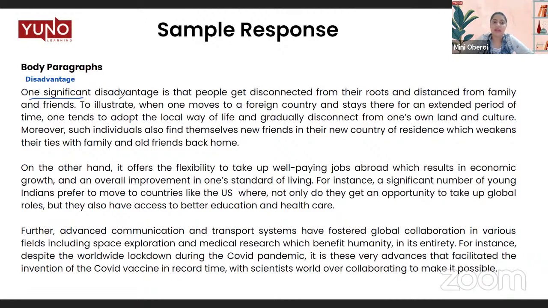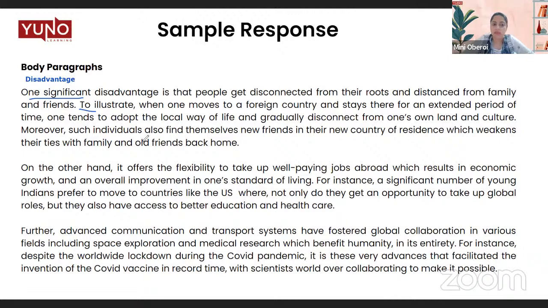One significant disadvantage is that people get disconnected from their roots and distanced from family and friends. To illustrate, when one moves to a foreign country and stays there for an extended period of time, one tends to adopt the local way of life and gradually disconnect from one's own land and culture.